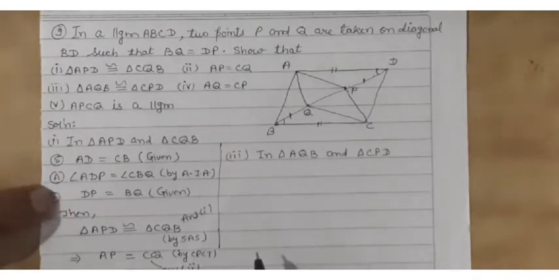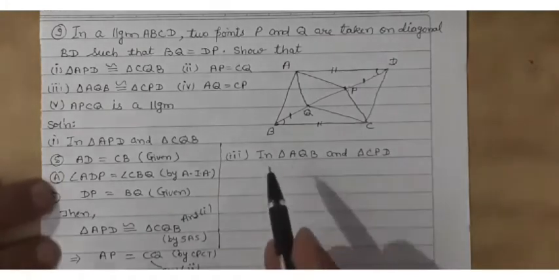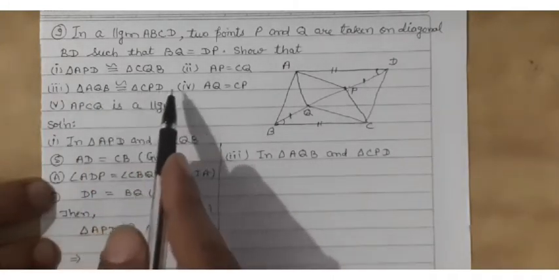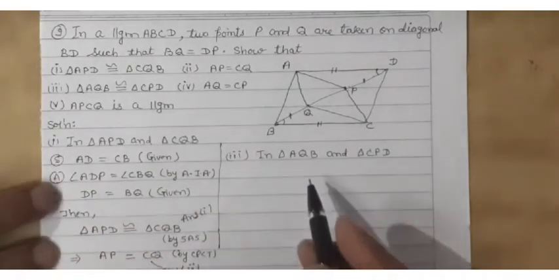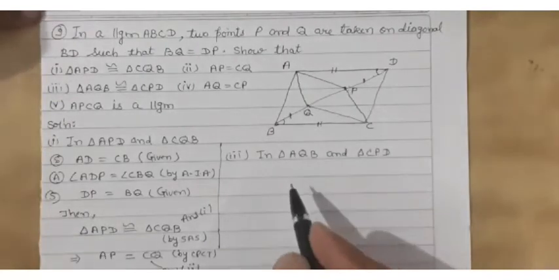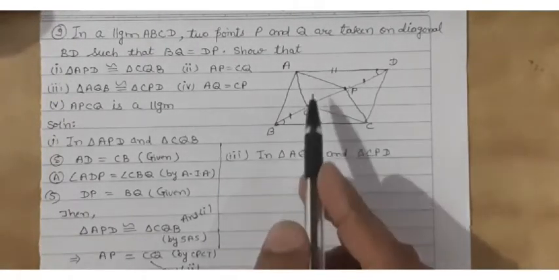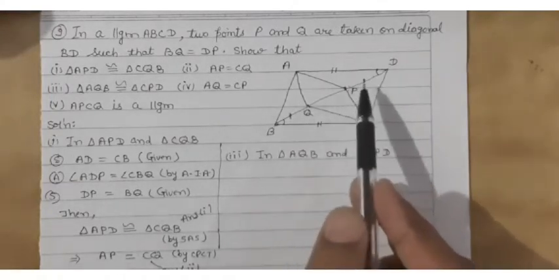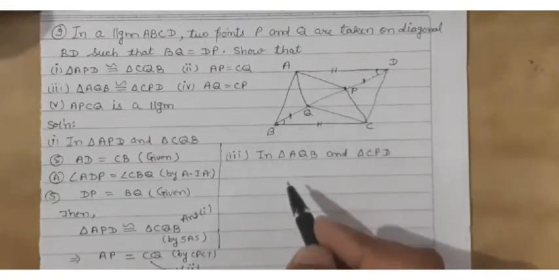Now we have to show the third part: triangle AQB is congruent to triangle CPD. This you have to prove. So I am taking these same two triangles. First of all, just see AQB and CPD.